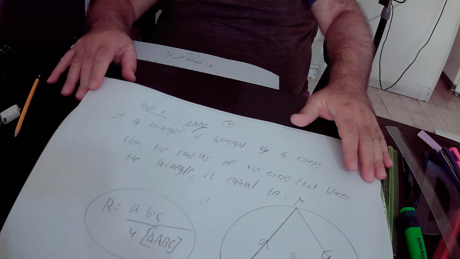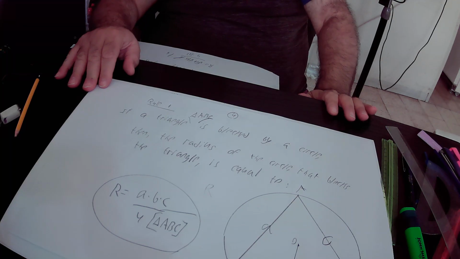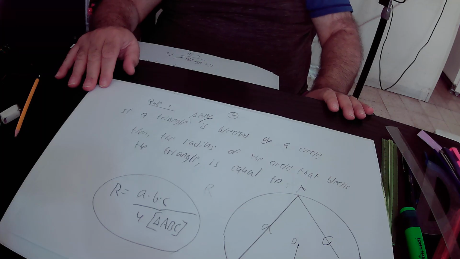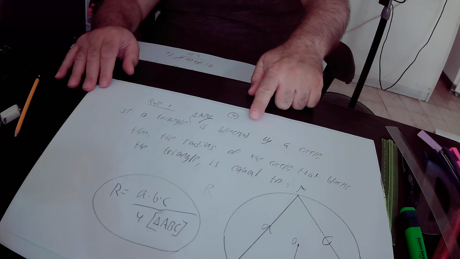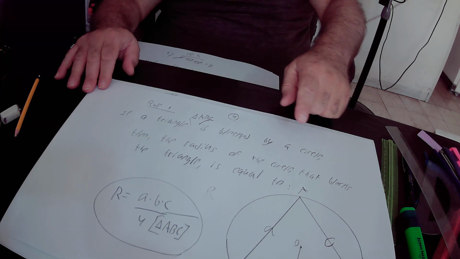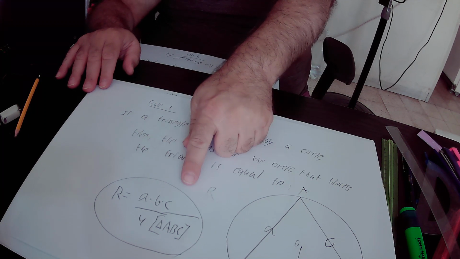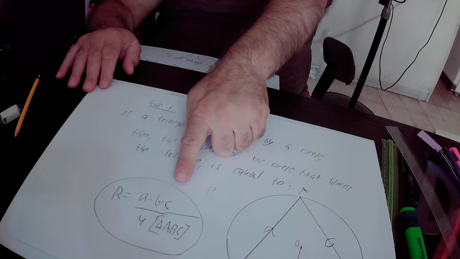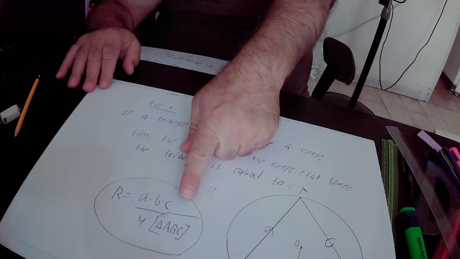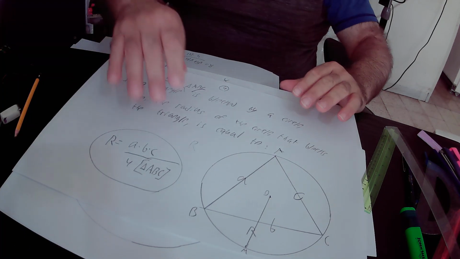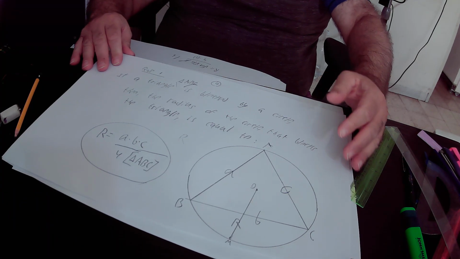According to rule number 1, if triangle ABC is blocked by a circle, then the radius of the circle that blocks the triangle, if the radius of the circle is capital R, then capital R will be equal to A times B times C, that is the multiplication of the side lengths of the triangle, over 4 times the area of triangle ABC that is blocked by the circle. So I drew here the drawing for rule number 1.